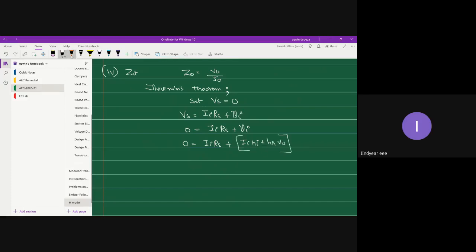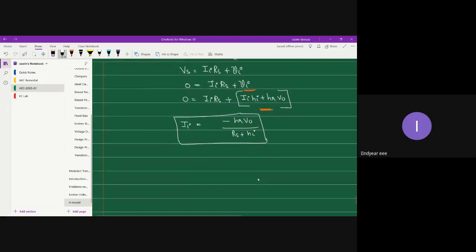For Vi, I have written the H parameter expression. Or you can simplify to get I. What is I? I is basically negative HR V naught divided by Rs plus Hi. That is my I, which I would be needing in the future substitution.